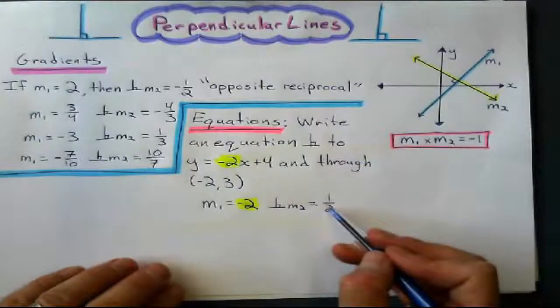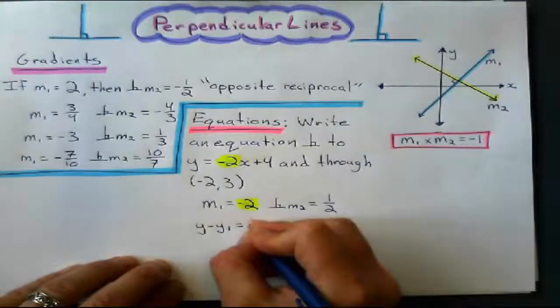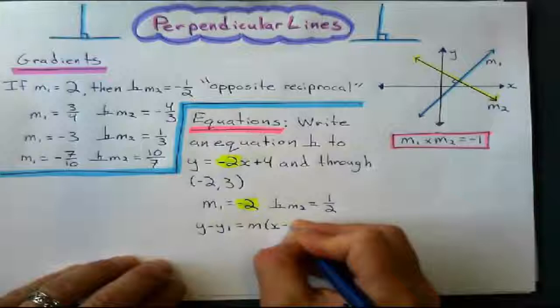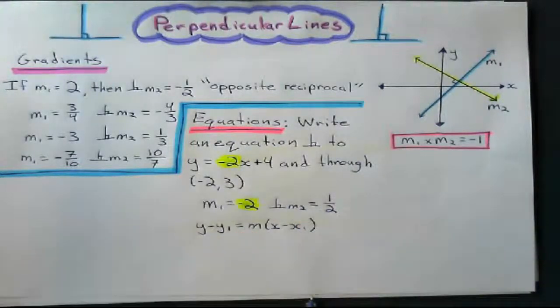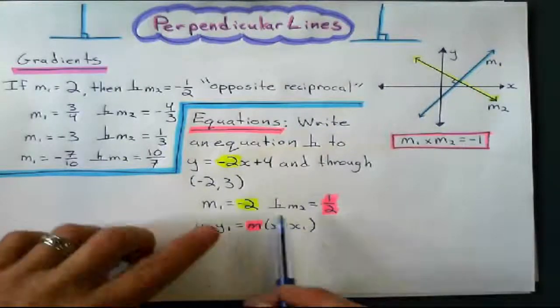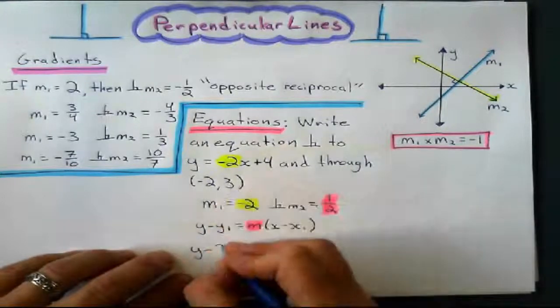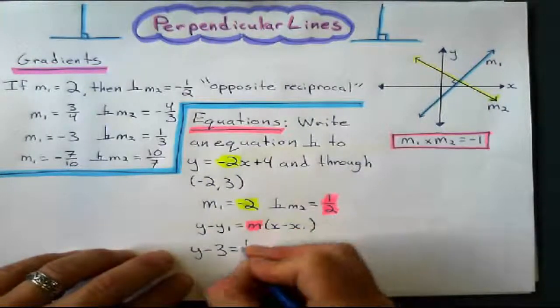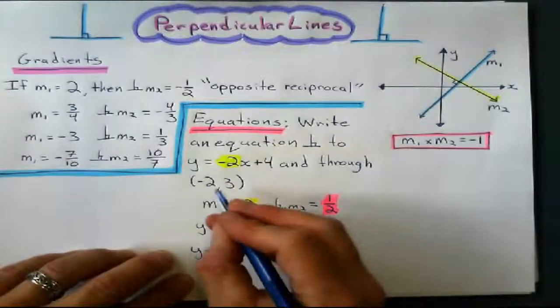So for your equation, I'll start with this form, y - y1 = m(x - x1), and I substitute this gradient into here. And what do I use for x1 and y1? Well, this point, of course. So y minus, what's y1? The 3, equals, what's my gradient? I just figured that out, 1/2, times x minus x1, which means minus the -2, which means +2.